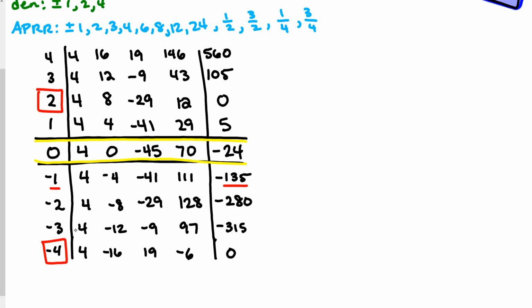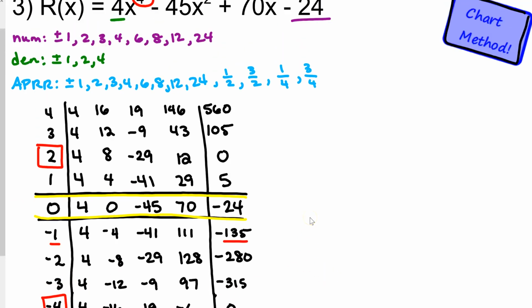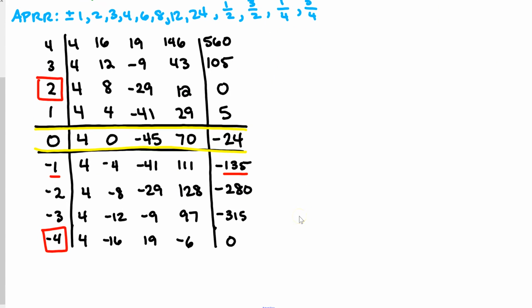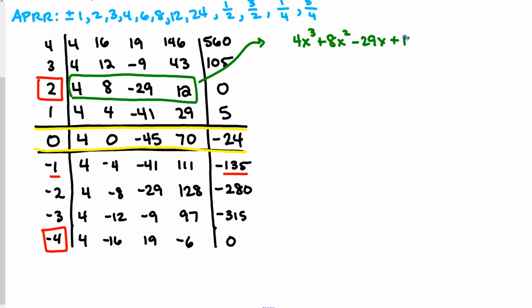Now, you might have noticed that we still only have 2 roots, and let me give you another bit of information about how to find the final 2 roots. So, if you think about this, let's say I take the numbers that I had left over from dividing by 2. Those numbers would represent a cubic, 4x cubed plus 8x squared minus 29x plus 12. Well, now that I know the problem is divisible by -4, I can do synthetic division and divide -4 into the remaining cubic.